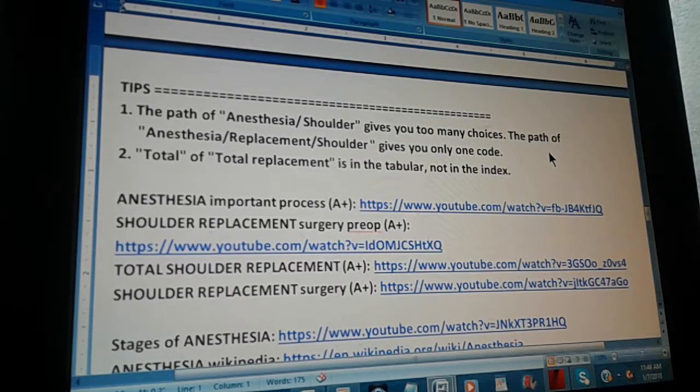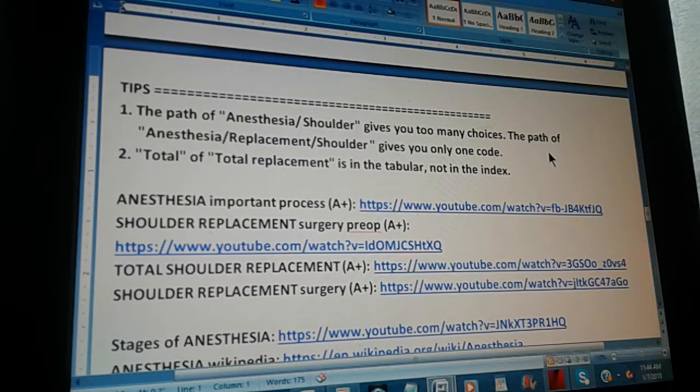You have to solve the problem real fast. So instead of just going with the first set of words, try to find another way that will save you time. If you go to anesthesia and then to the anatomical part, the shoulder, there are about 10 ranges you would have to go through to find the right one.